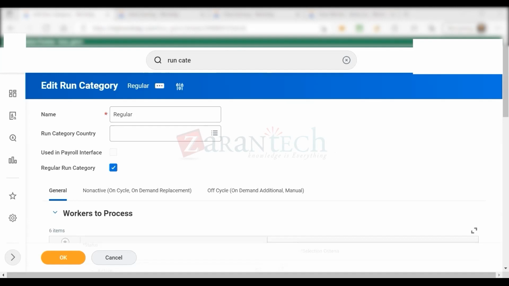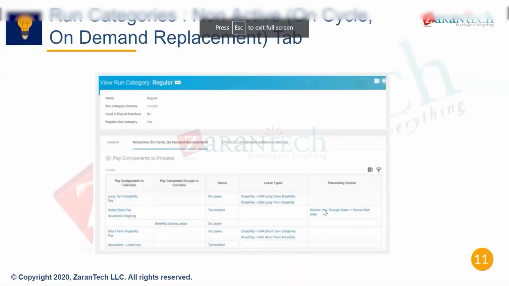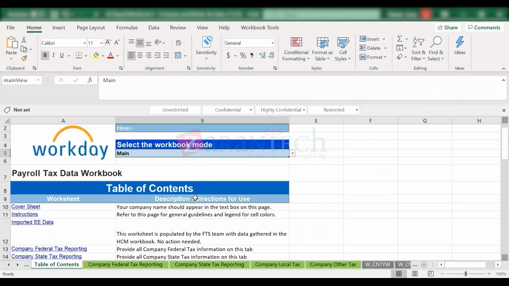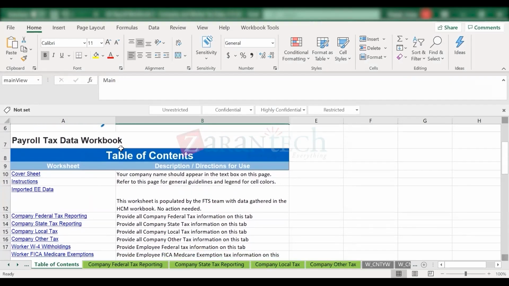Share. Okay. So here you go. Payroll tax data.